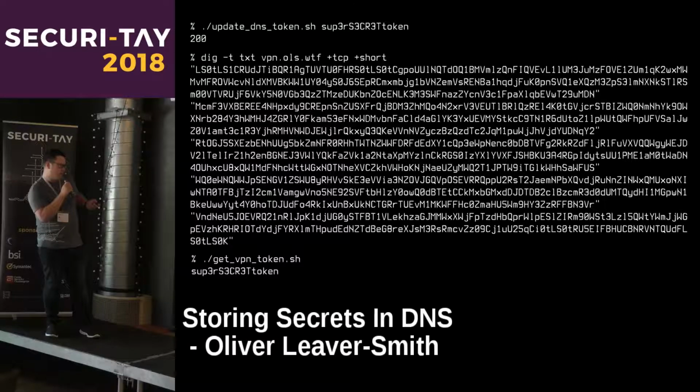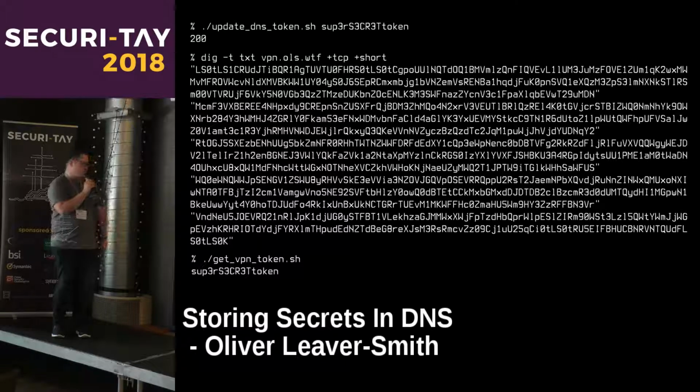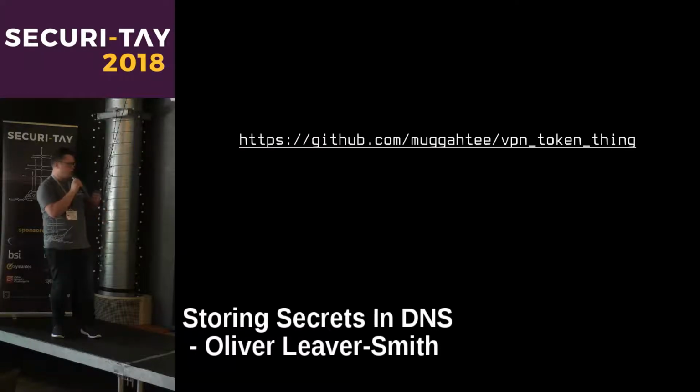You'll see here that it's broken down. You see the quote marks. It's broken down into chunks of 255 characters that do get concatenated back, thanks to RFC 4408. So the code for it is there.